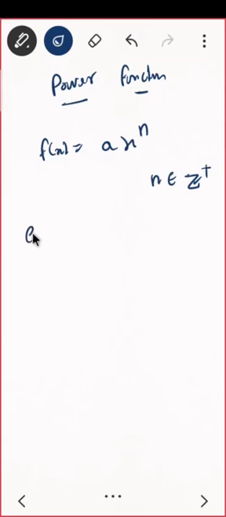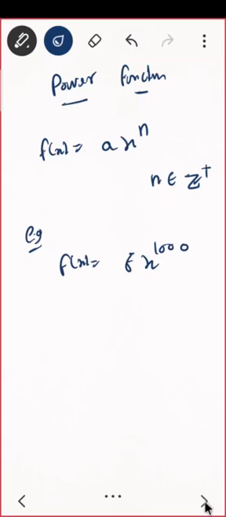So for example you can take f of x equal to say 6x raised to 1000. This is my power function. Or even if you say this is a polynomial, that is also acceptable.